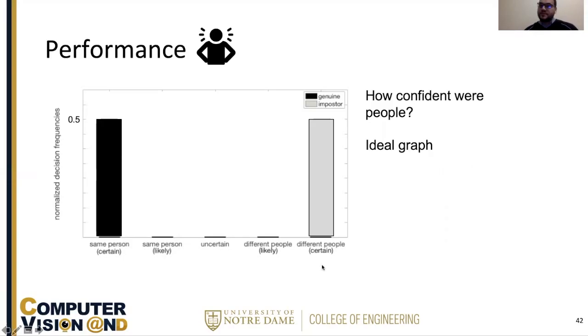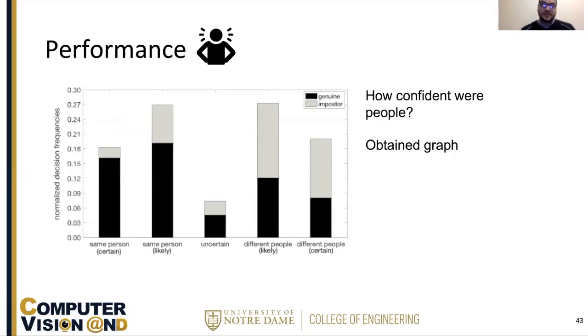But of course, in real life, what we observed was different, a much more complex situation. We had 80% of the cases where people could not decide. And on the side where we were expecting to see only black bars, we saw some imposter cases.